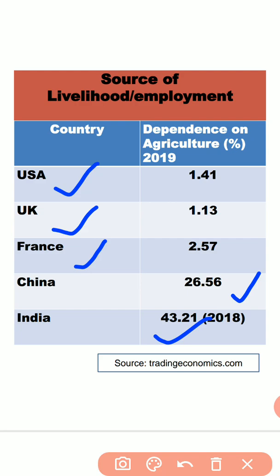In USA, it is 1.41%, whereas in UK, it is 1.13%, and in France, it is 2.5%.